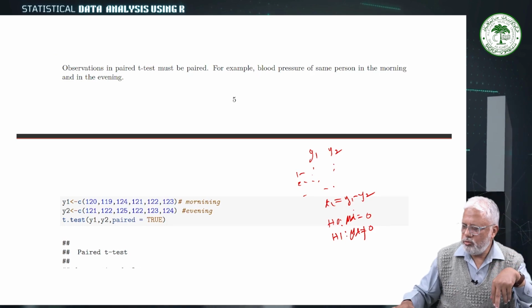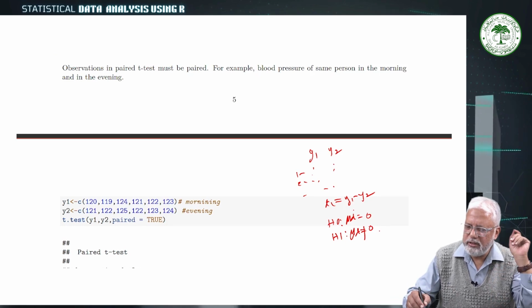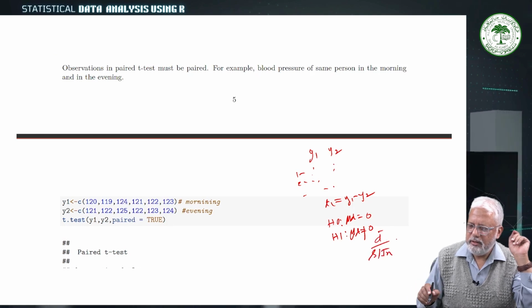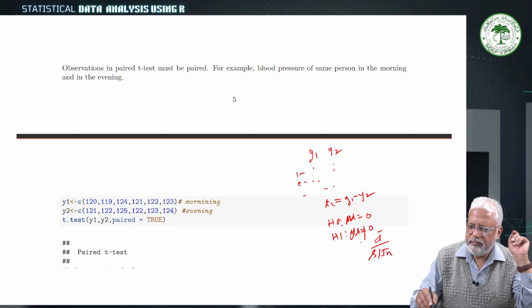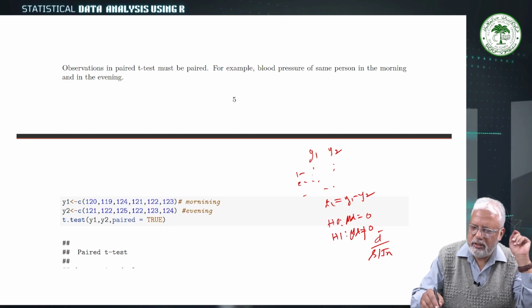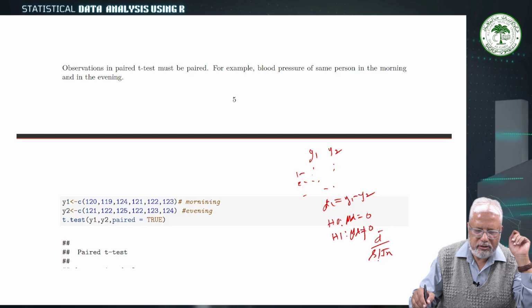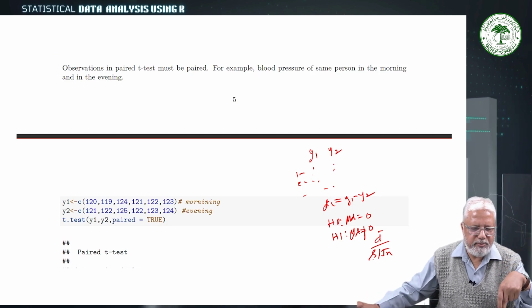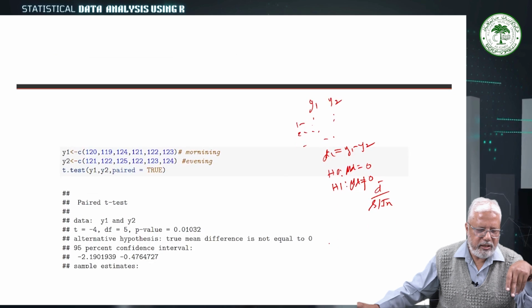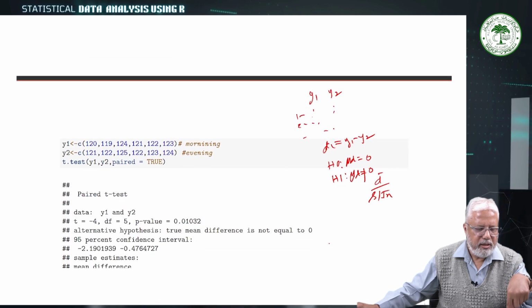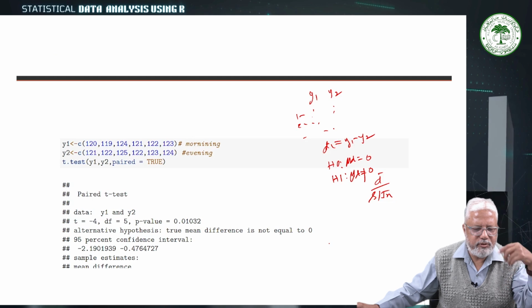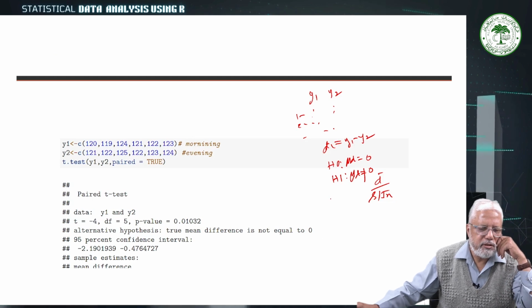So with paired is equal to true, the test statistic is d bar divided by s over square root of n. D bar is the mean difference, and s is the standard deviation of the di's. That has been done here, and the degree of freedom is n minus 1.